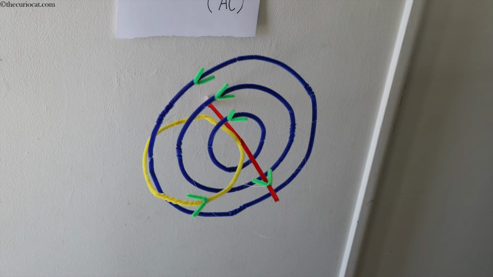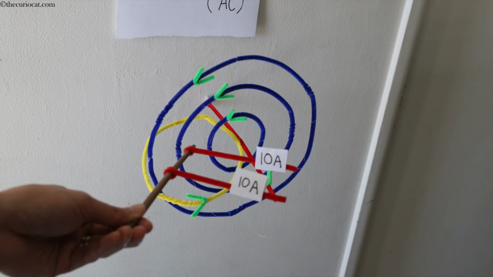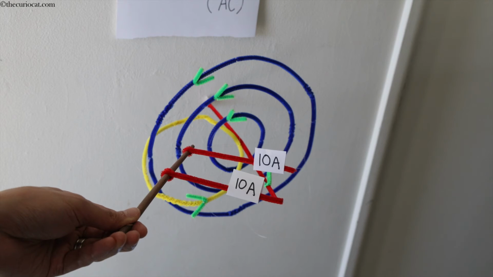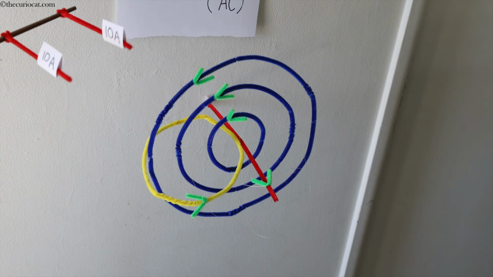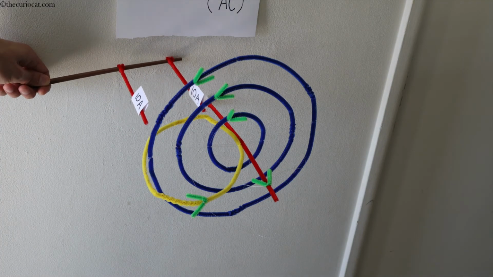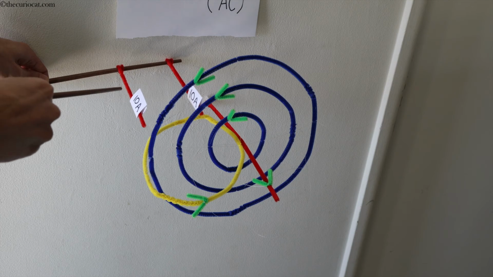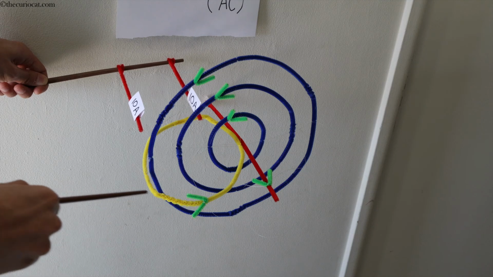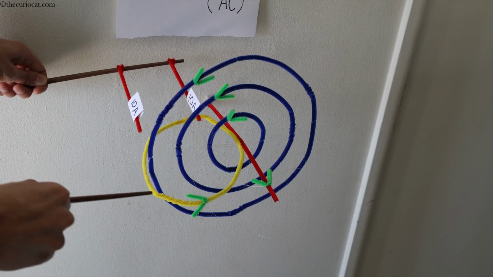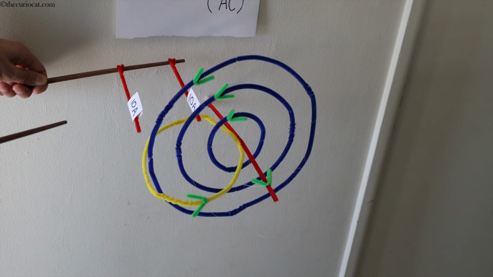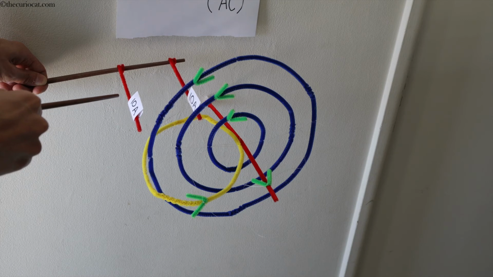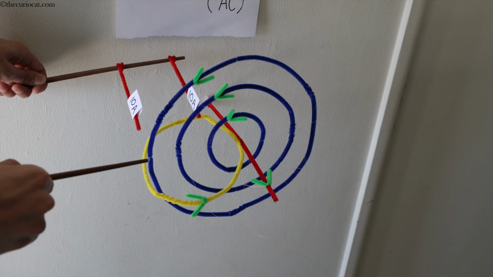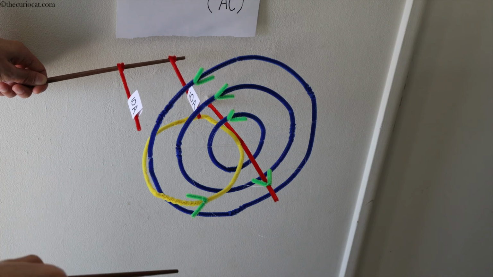What happens to the value of these two red lines when they pass through the magnetic field? When this outer red line passes the magnetic field, you see that the eddy current of 2 amperes is flowing in the same direction. So you have 10 amperes going into the magnetic field, and you will have 12 amperes coming out of the magnetic field.